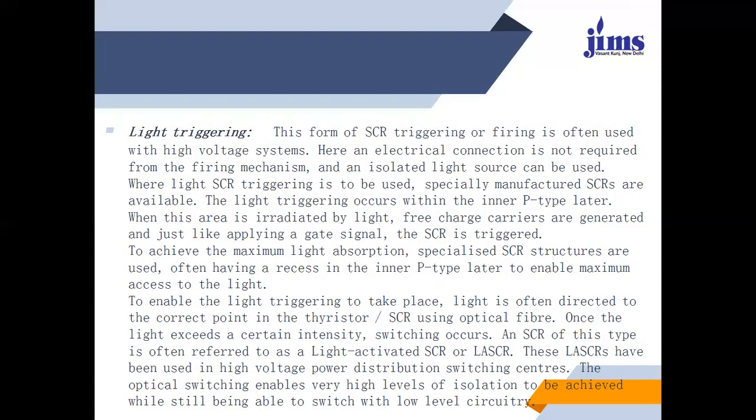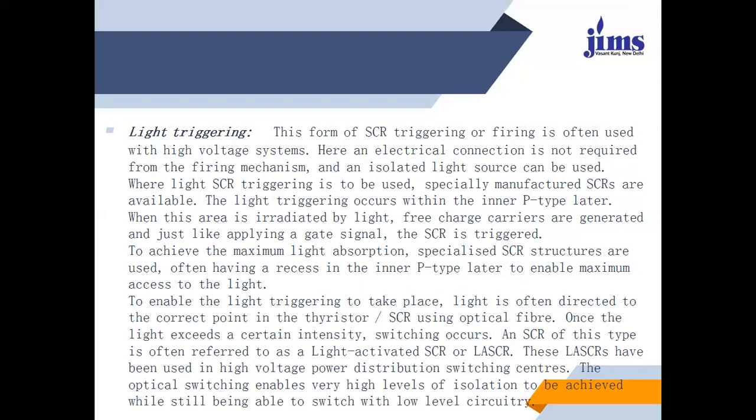This form of SCR triggering or firing is often used with high voltage systems. Here an electrical connection is not required from the firing mechanism and an isolated light source can be used. When light SCR triggering is to be used, specially manufactured SCRs are available. The light triggering occurs within the inner P-type layer.